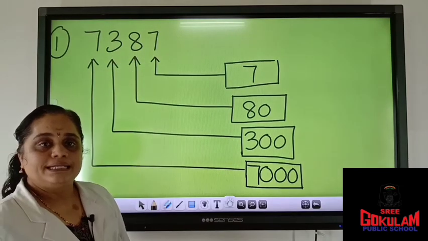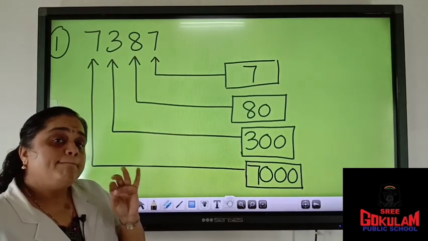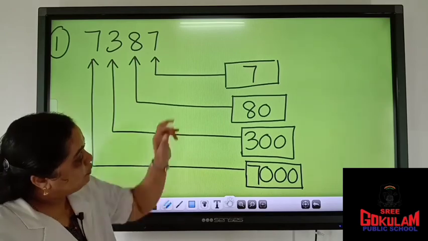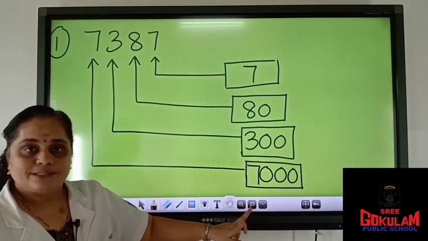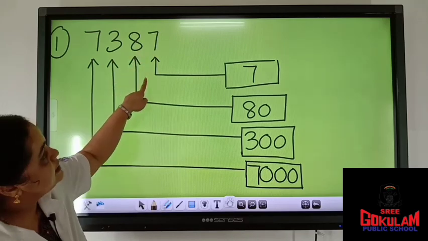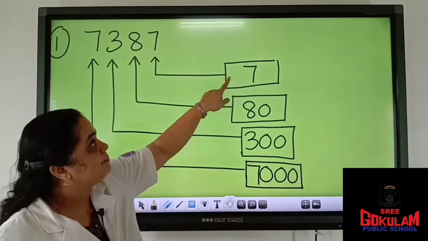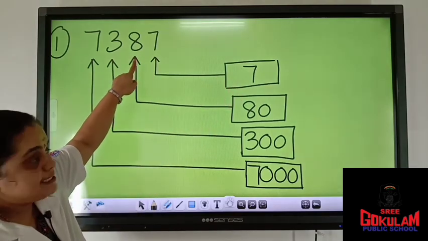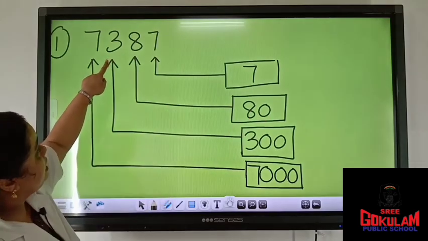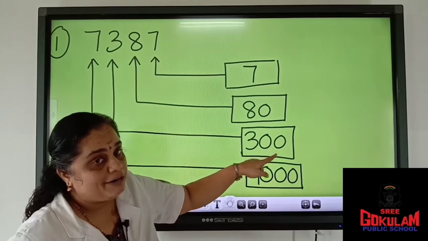7,387. Children, in this number, we are supposed to write the place value of each number. Okay, I have already written it for you so that you will understand. 7 is in its ones place, so we denote it like this, that is number 7. 8 is in its tens place, so we will denote it as 80. 3 is in its hundreds place, so 300.